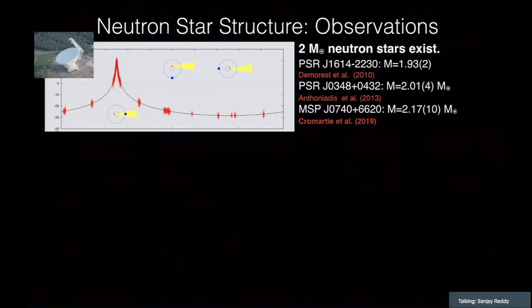When neutron stars are in binaries, and when the neutron stars are both pulsars, there is a very well developed theory to calculate the masses of the individual neutron stars by just observing the orbital motion of the two neutron stars.